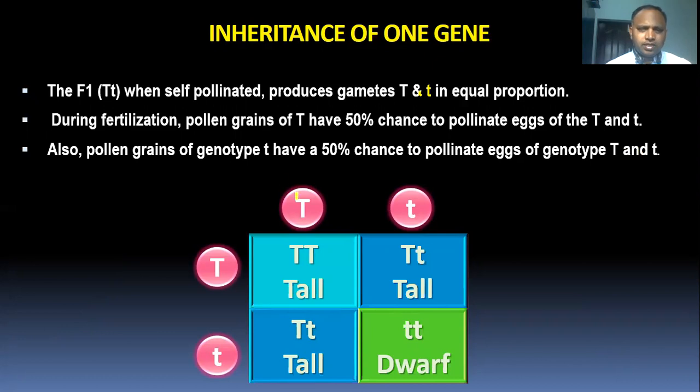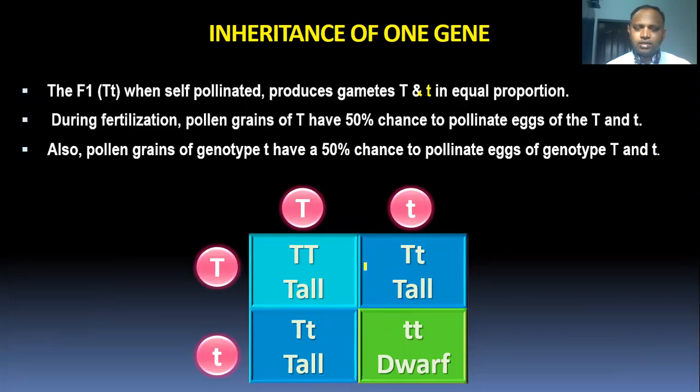These are two types of gamete produced by one parent, and another two types produced by another parent. These caps T have 50% chance to pollinate eggs of caps T or small t. Similarly, these small t have 50% chance to pollinate eggs of caps T and small t.